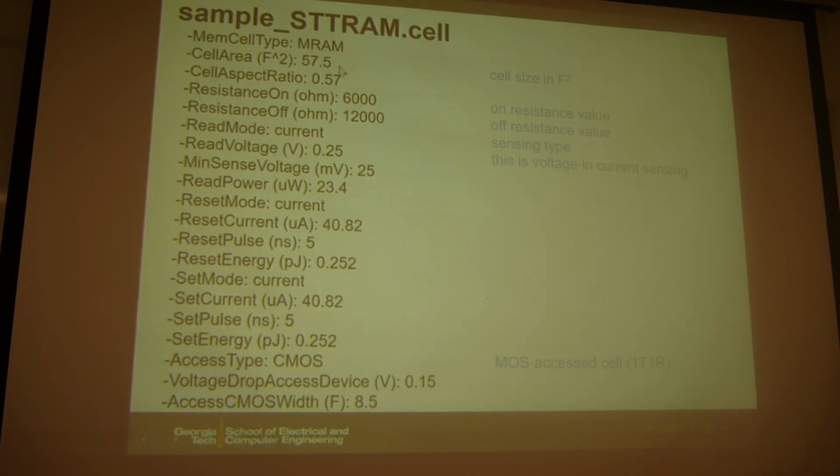So the transistor W/L may need to be sized up to have enough current to program the STT-MRAM, so you have a larger cell area. And then the on and off resistance, and the read and write voltage, set and reset voltage or current. And the access type, CMOS, that means it's a 1T1R cell.